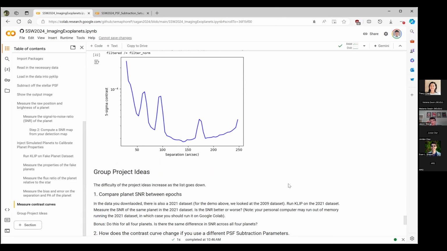Basically, what you're doing is, for every image, you take all the other images in this temporal sequence. It's going to be hard to explain.